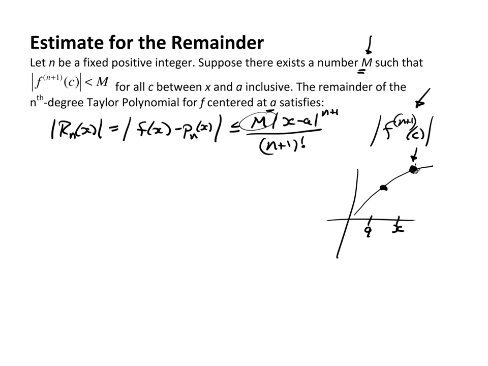So what we often do is simply reason out what this upper bound may be. If this is a sine function, I know the biggest that sine gets is 1, and the smallest is -1. So I know that m can be no bigger than 1 and no less than -1. But m is greater than the absolute value, so I'm only interested in a positive value, so I'd put 1 there.